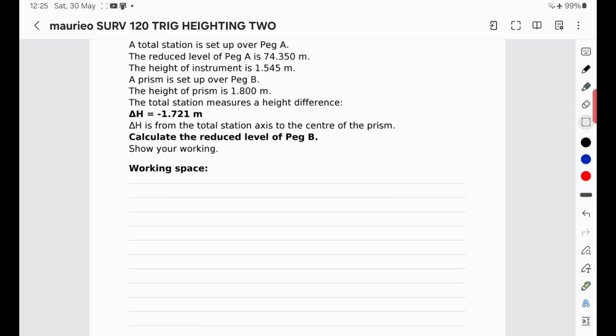Let's draw a bit of a diagram first. Now this one here, I think we can see is going to be a bit of a depression. So I'm going to put something like this here.